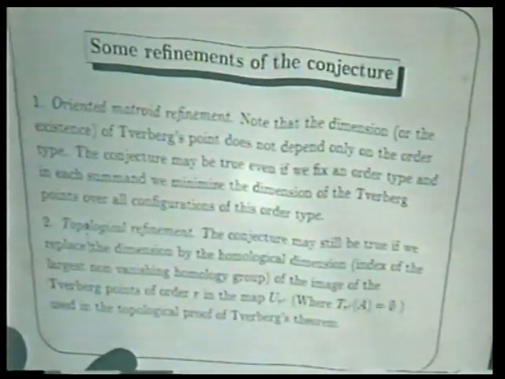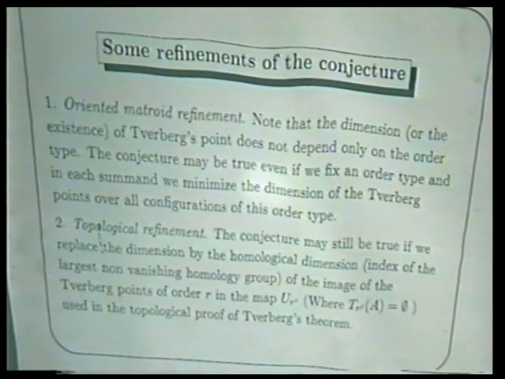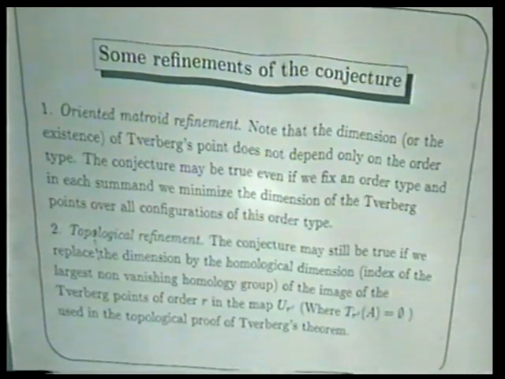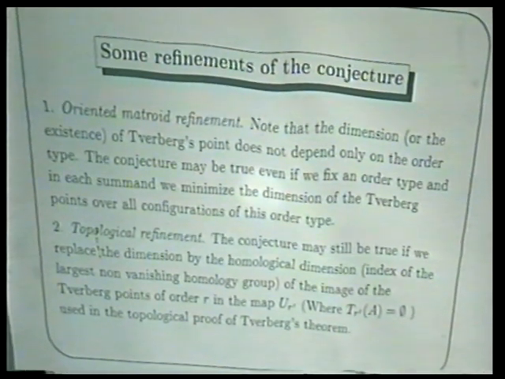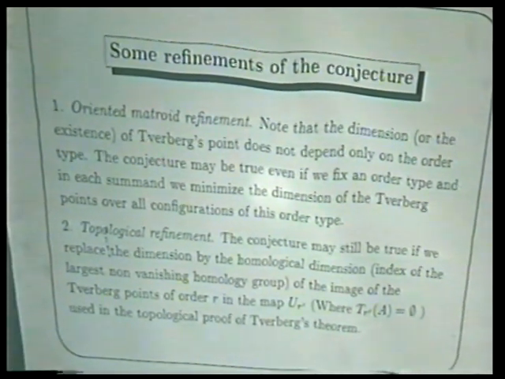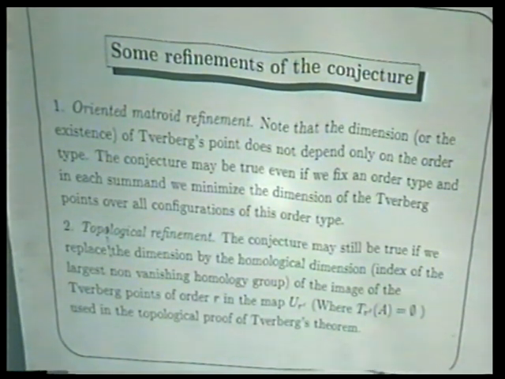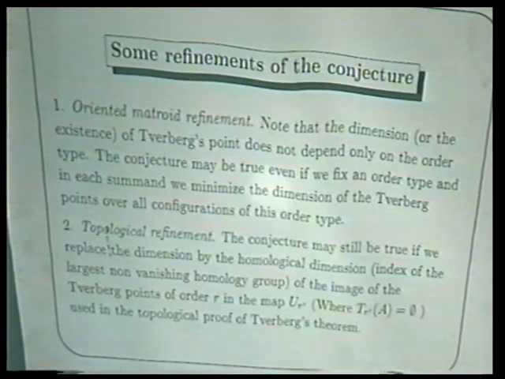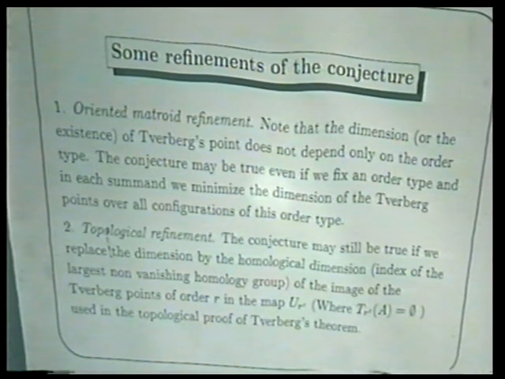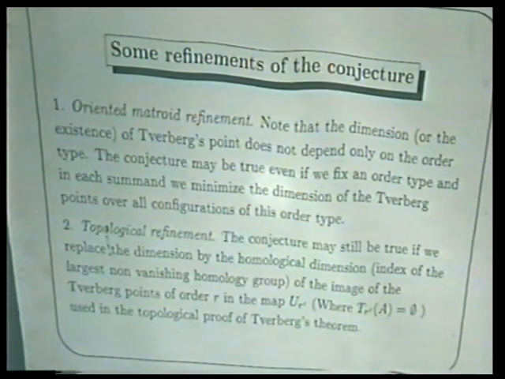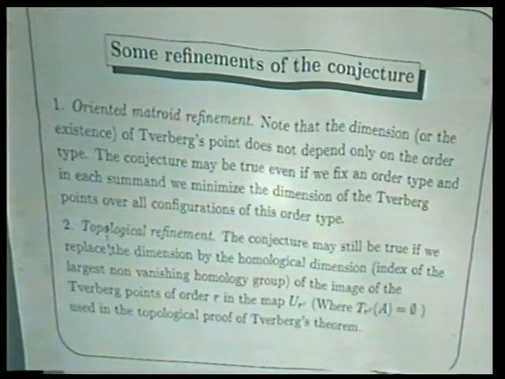So let me briefly mention some refinements of the conjecture. One refinement would say this is only about order types or about oriented matroids. Tverberg partitions are related to some structure which is not captured by the order type, but maybe the conjecture is still true if you consider an order type and you minimize the Tverberg dimension over all configurations in this order type.